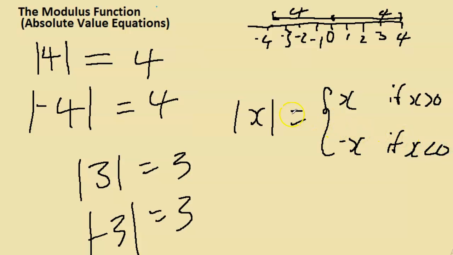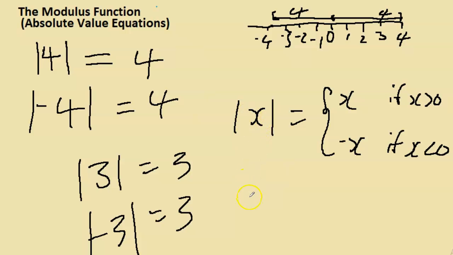So if x is a positive number, 4, then the absolute value of 4 is 4. And if x is a negative number, negative 4, then the absolute value is minus 4, which is still positive 4.